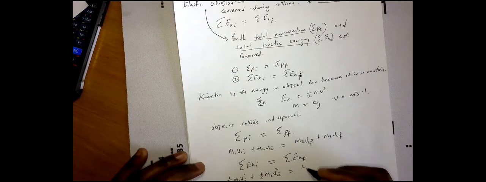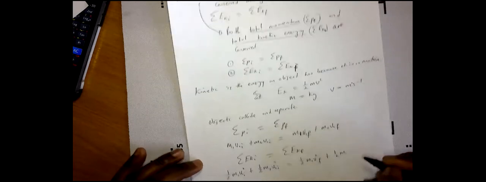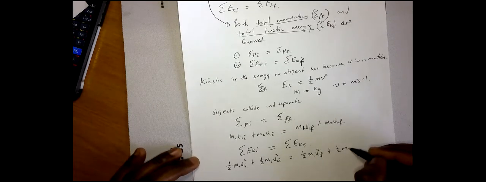We're going to say half m1 v1 initial squared plus half m2 v2 initial squared is equal to half m1 v1 final squared plus half m2 v2 final squared.